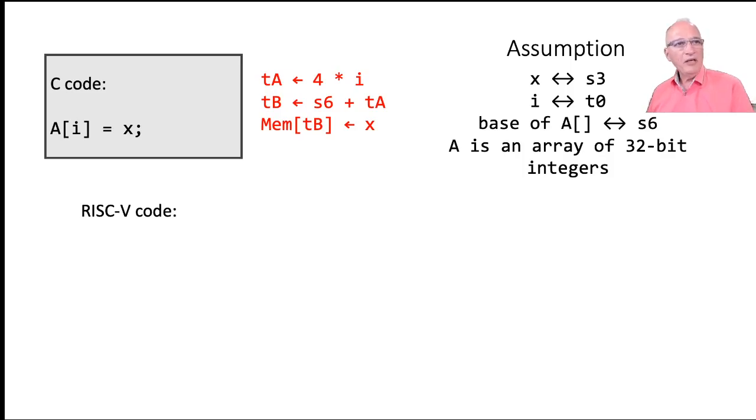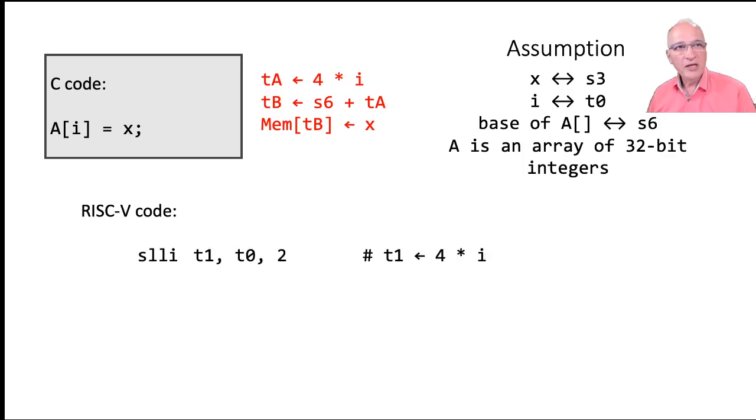So here I have a variation on the same example, but in this case, I'm taking the value of a variable x and writing that value in the position I of the array A. Before I was reading from the array and putting into a variable. Now I'm taking the value of a variable and putting it in the array. The access is very similar.